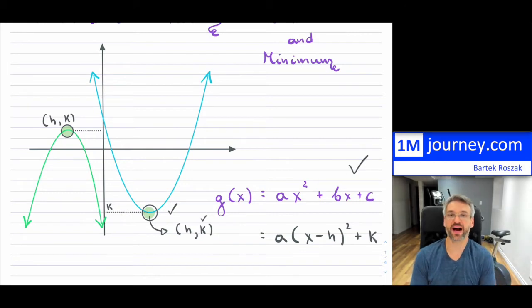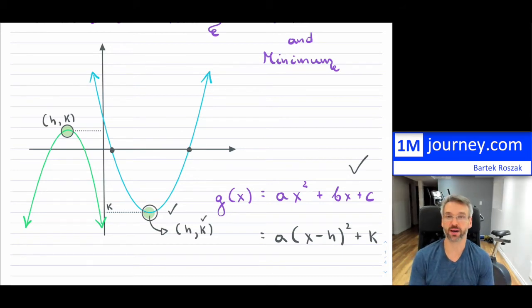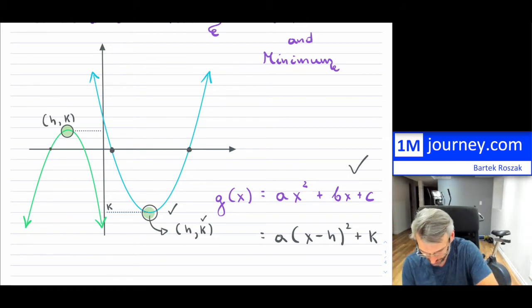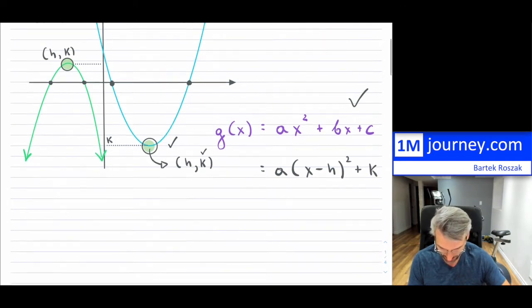Or it can be in factored form, where you basically know the zeros of the parabola. Those are the three different forms. So let's take a look. I love showing this stuff through examples, so let's look through it in that way.